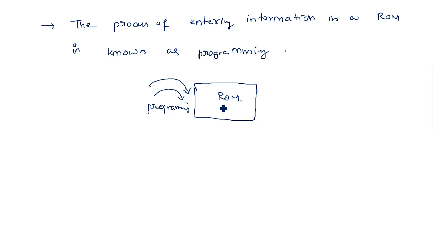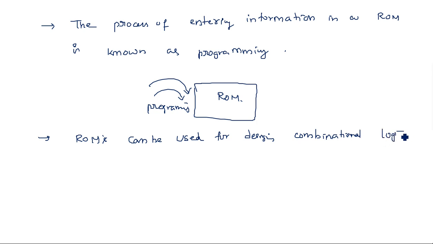ROMs are used to store information which is of a fixed type, such as tables for various functions, fixed data and instructions. The main purpose of ROMs can be designing combinational logic circuits.